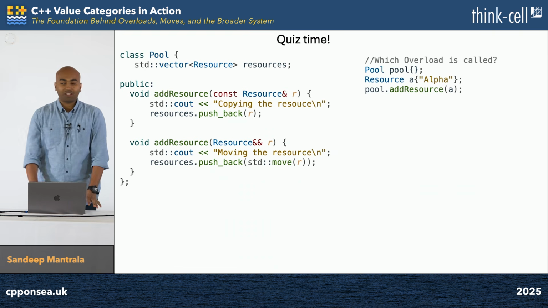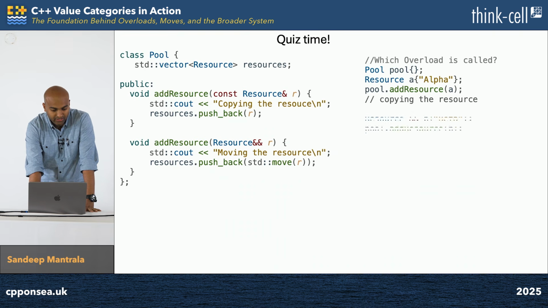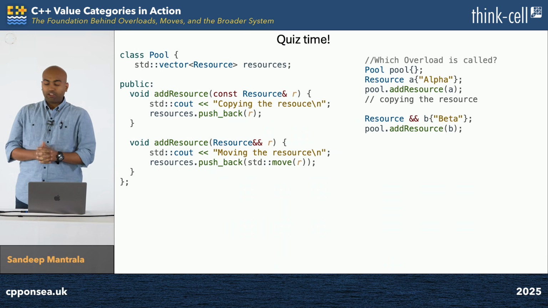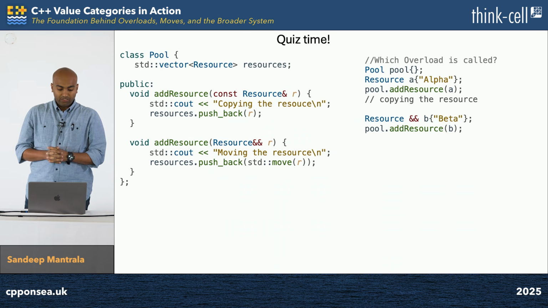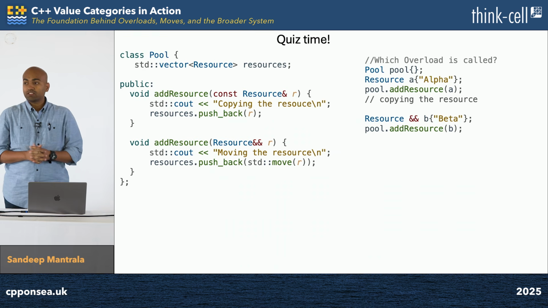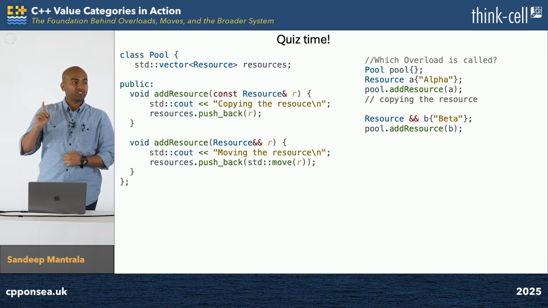Yeah, first one, no surprises there. It's copying the resource. So next we have B, which is an rvalue reference. And then when we call add resource B, which overload gets picked? One, yes. Everybody one?